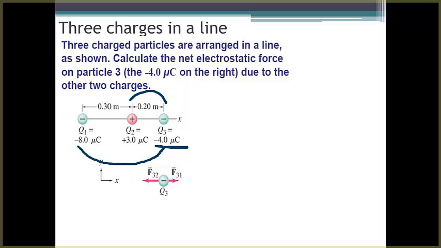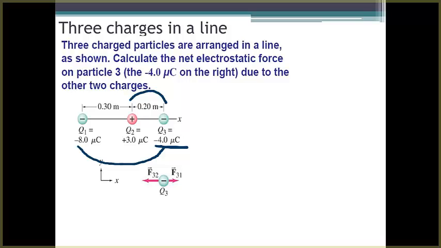So notice how, if I draw my free body diagram on the bottom, the force between charge 3 and charge 2 would cause that negative charge to move to the left. The force between charge 3 and charge 1 would cause charge 3 to move to the right.